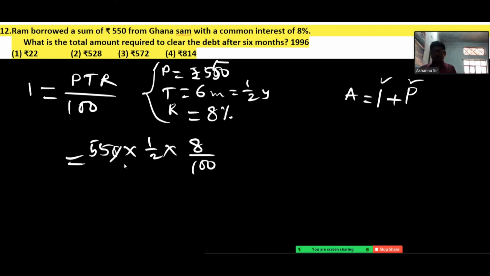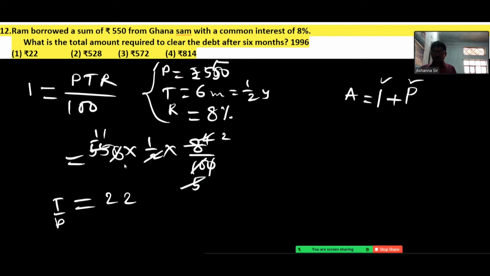Zero zero gets cancelled. 2 ones, 2 fours, 2 twos, 2 fives, 5 ones, 11 twos are 22. So this is the interest.